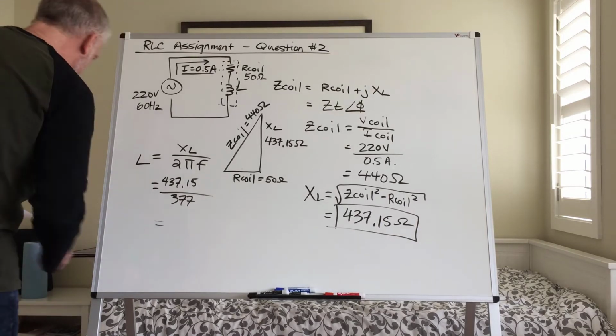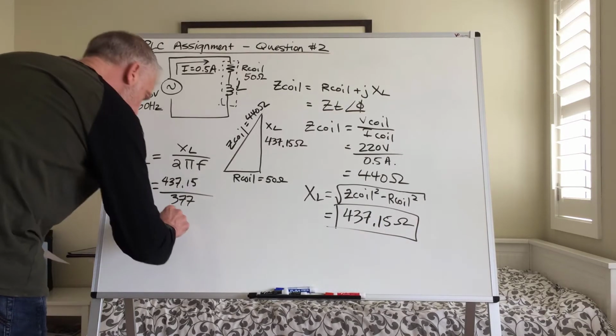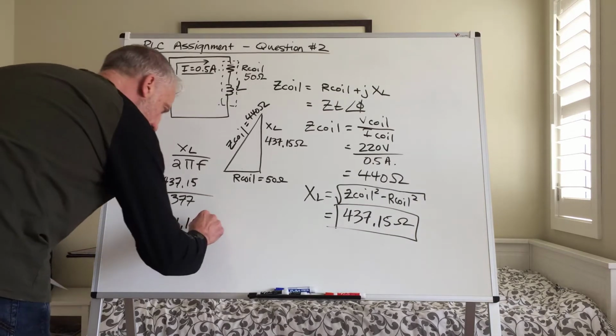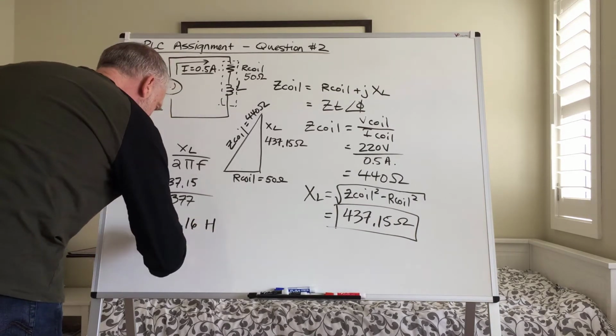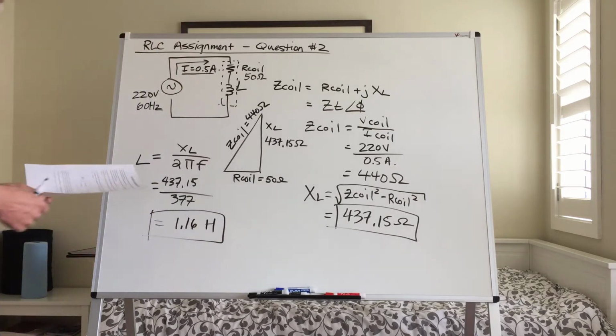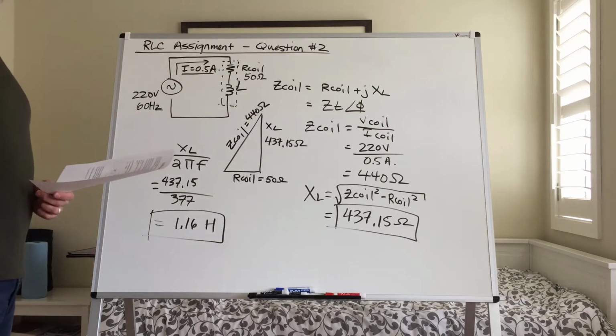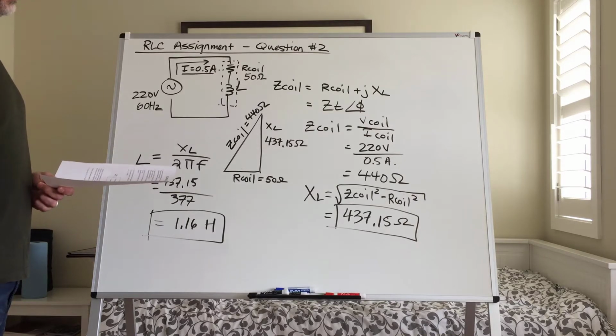And if you work that out, it comes out to 1.16 henries. So that's the way you do question number 2.